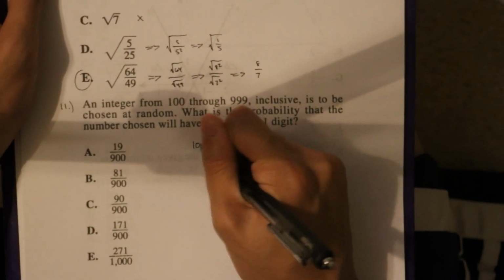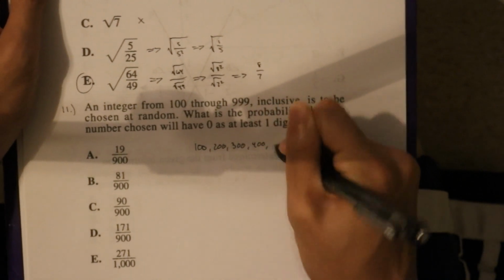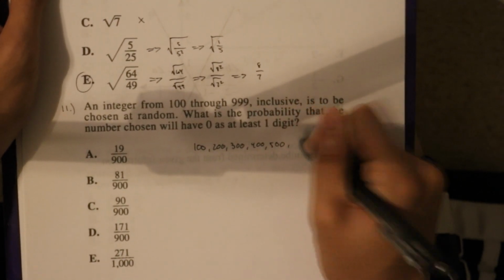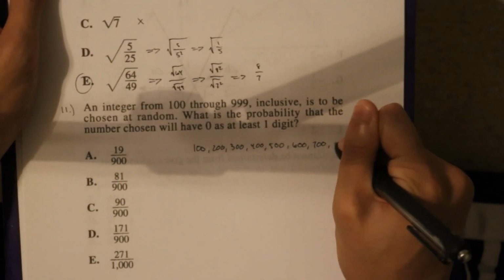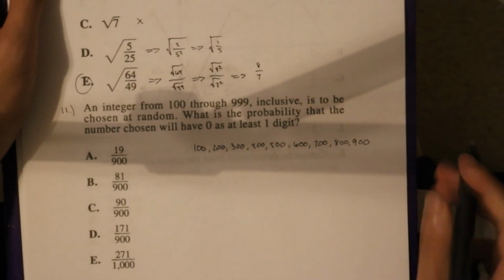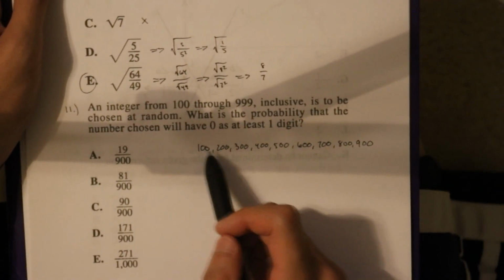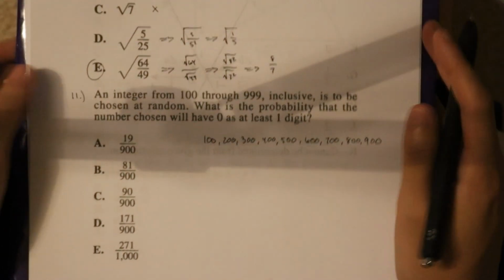So we have 100, 200, 300, 400, 500, 600, 700, 800, 900. So we have 1, 2, 3, 4, 5, 6, 7, 8, 9.